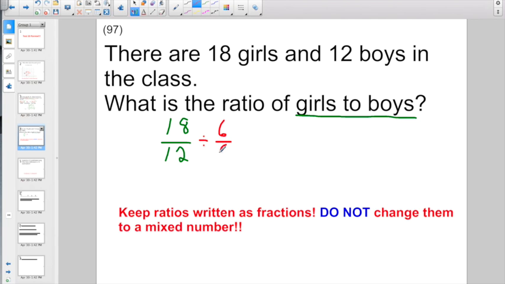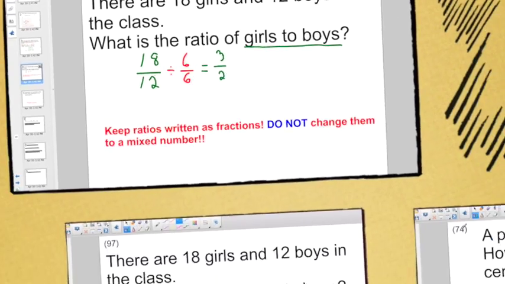Maybe you thought it was 2, maybe you thought it was 3, and you could have started with that, but you would have ended up having to divide more times, right? 18 divided by 6, hey, that's going to give us 3 for a numerator. 12 divided by 6, that's going to give us 2. I guarantee both these numbers are prime. I can't reduce that anymore, so the final ratio is 3 to 2.